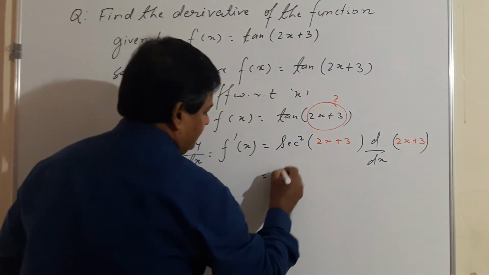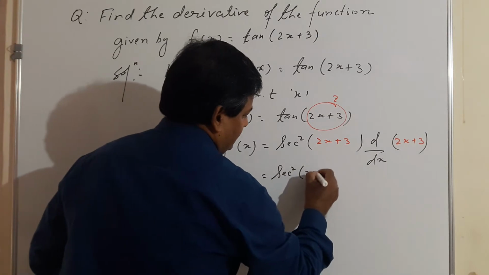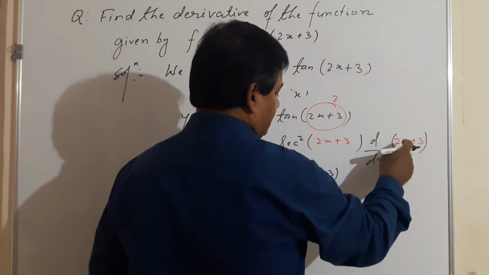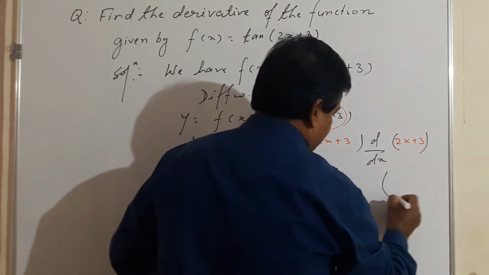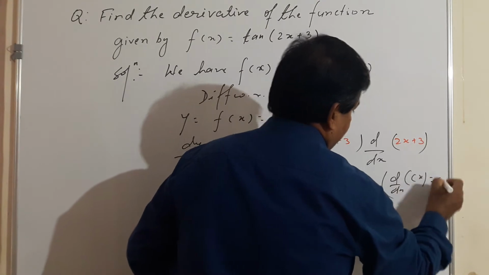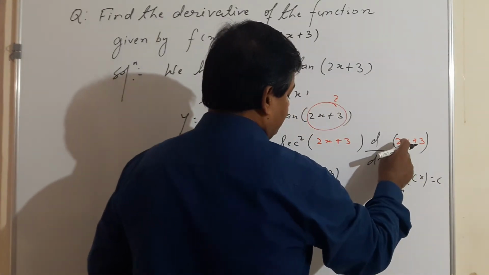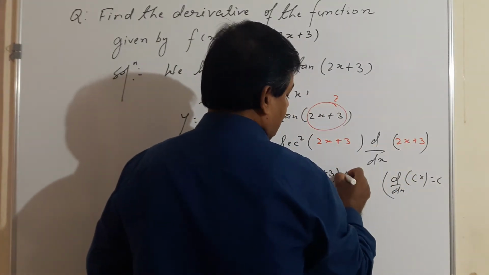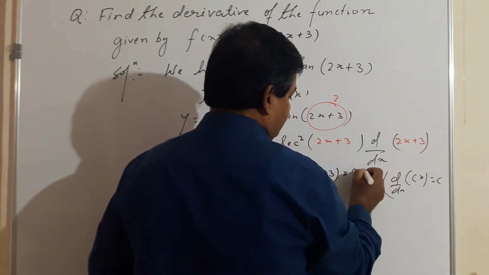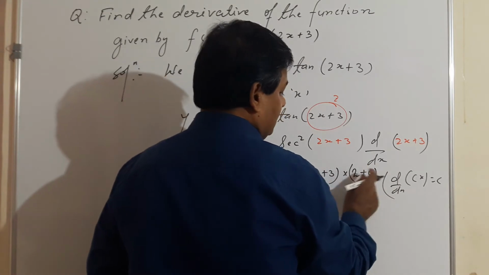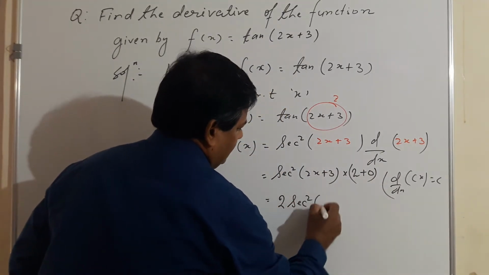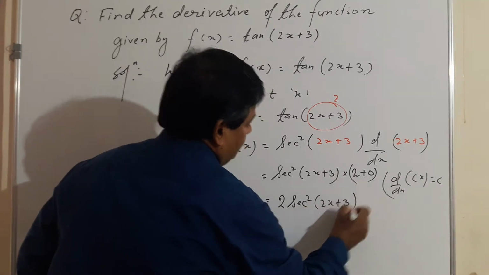Now the differentiation of 2x: just like the differentiation of cx is c, similarly the differentiation of 2x is 2, and the differentiation of a constant term is 0. So here it becomes 2 + 0. It means 2 sec²(2x + 3).